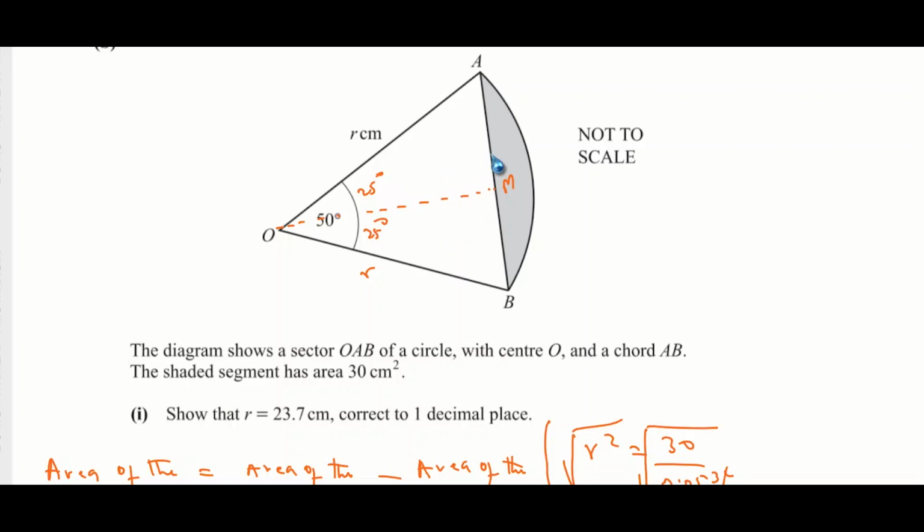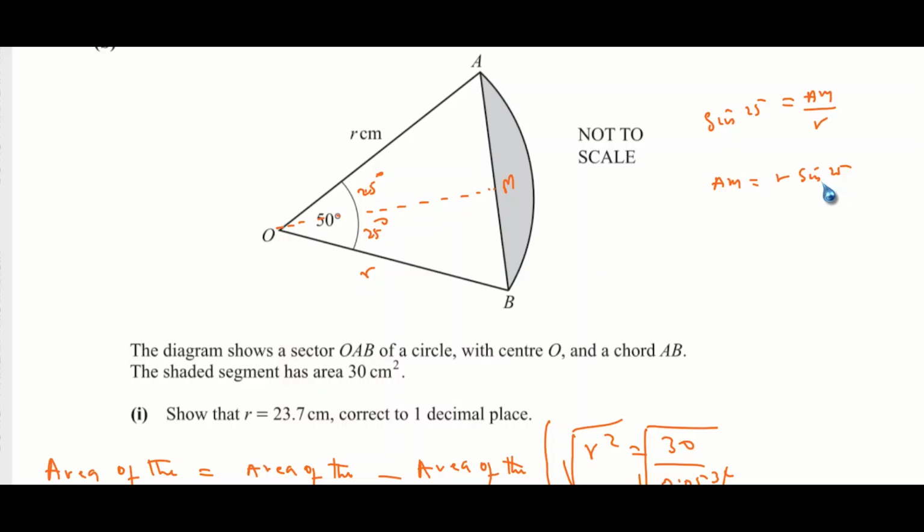To get this, you can use opposite over hypotenuse. That is, sine 25 degrees equals opposite, which is AM, over the radius. AM is what you want to get, so AM will be equal to r times sine 25.